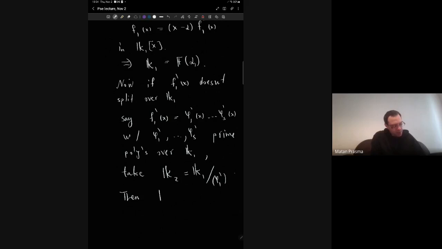Then K2 will simply be K1 adjoined with some alpha 1 prime, where alpha 1 prime is a root of phi1 prime.